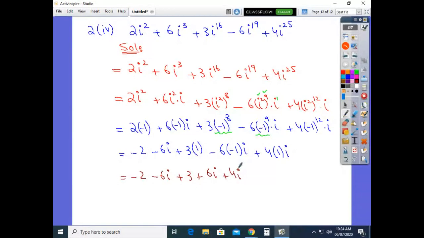Here we see that two terms cancel each other, that is negative 6 iota and positive 6 iota. Now after more simplification we get the required answer: negative 2 and positive 3 becomes positive 1, and at last 4 iota, which is the standard form of a complex number, which is our required answer.